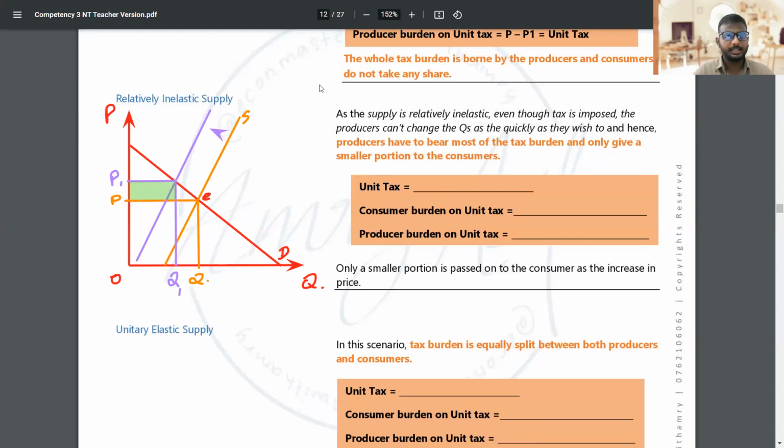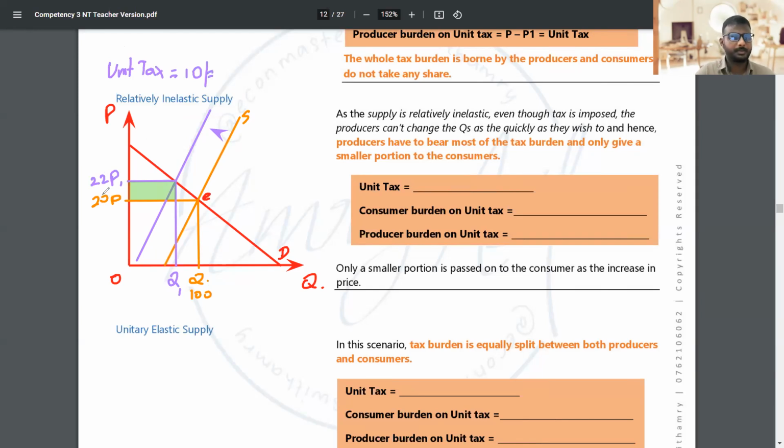Why? Earlier they were paying this P price. Let's say that price is about, for example, 20 rupees, quantity is 100. After tax is imposed, let's say the unit tax by the government is 10 rupees. The price went to 22.